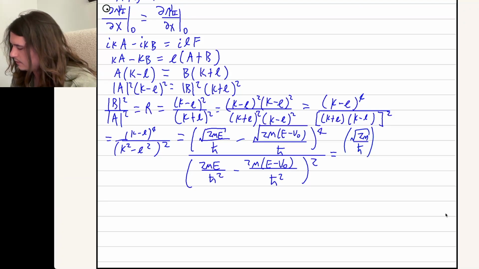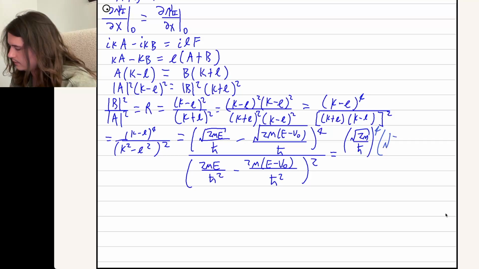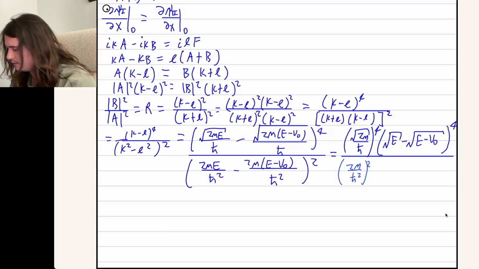We'll just pull out the root 2m over h bar thing to the fourth, and then inside here, we'll just have root E minus root (E minus V naught), and then that's raised to the fourth, and similarly on the bottom, we'll have a 2m over h bar squared, all squared. Now this term is the exact same as this term up here, just square this and you get the same thing, so we'll cancel them out right now.